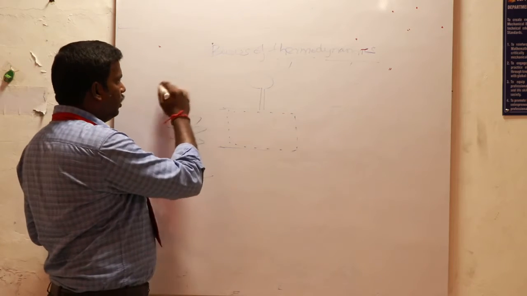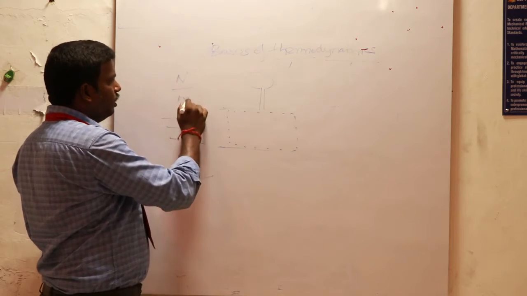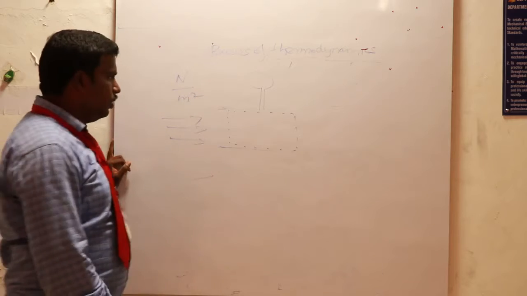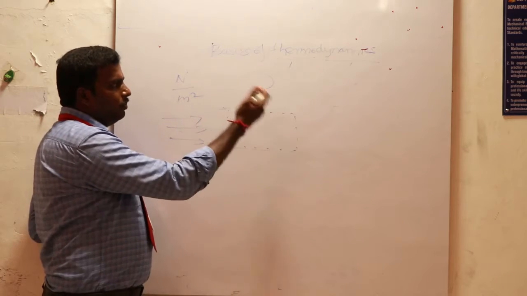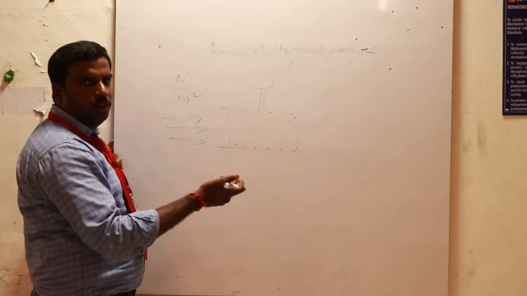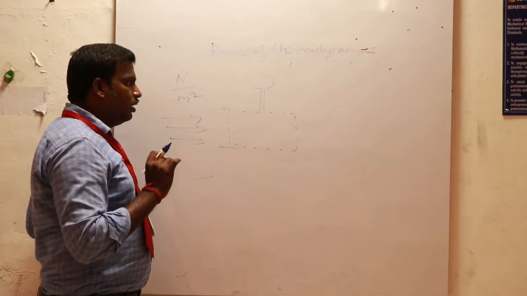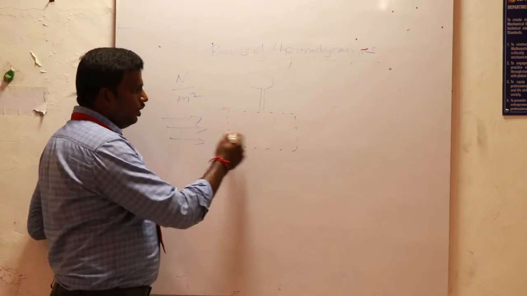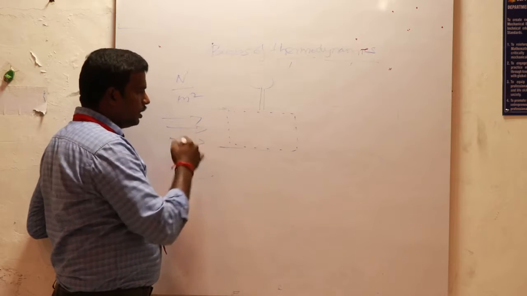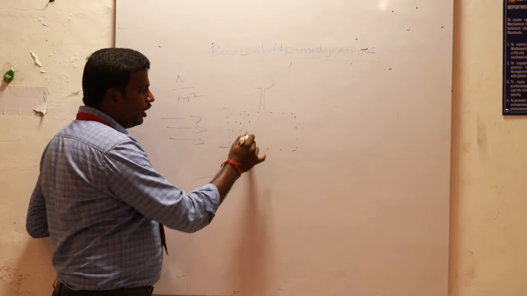Pressure is nothing but force per unit area. Whether pressure is a macroscopic quantity or a microscopic quantity is a basic question which will arise for any beginner. So this gas contains many billions of molecules.